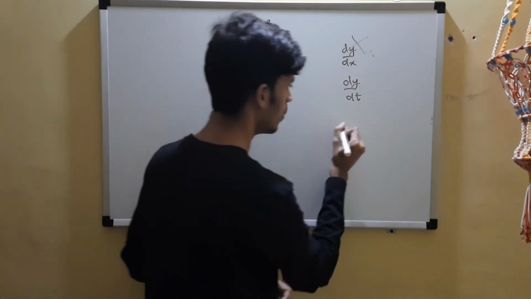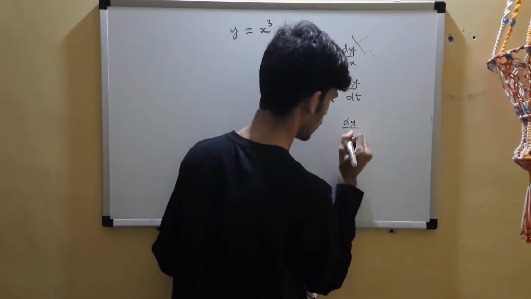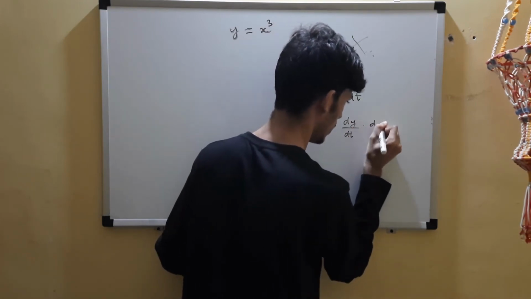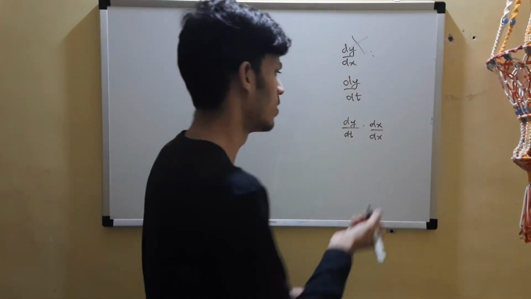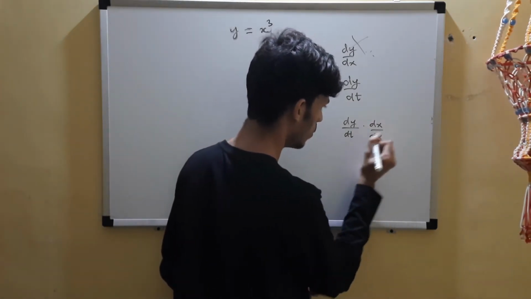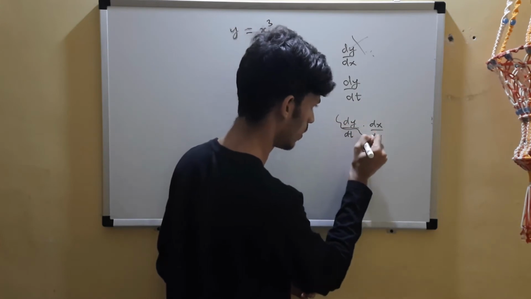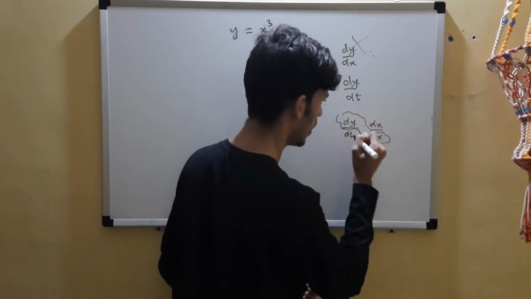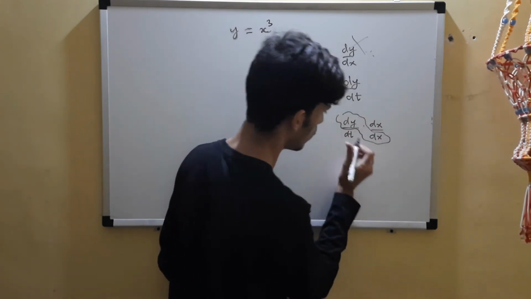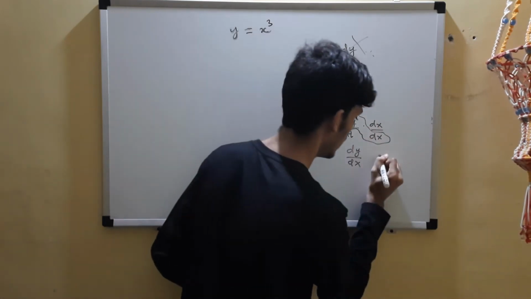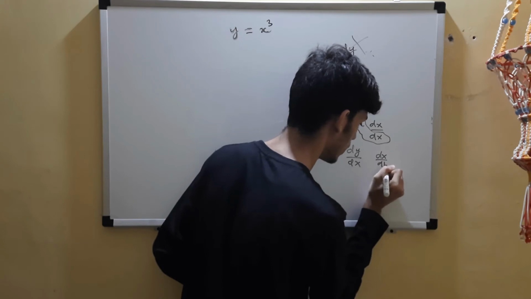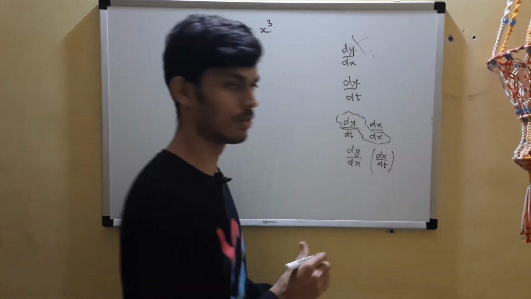So what you can do is multiply and divide by dx. So dy by dt is equal to dy by dx into dx by dt. Multiply and divide, did it make any difference? No. Okay, so you club these two together and keep the remaining together. So dy by dx, which is the derivative, and the other two you keep as it is. Even if you don't know, you keep as it is.